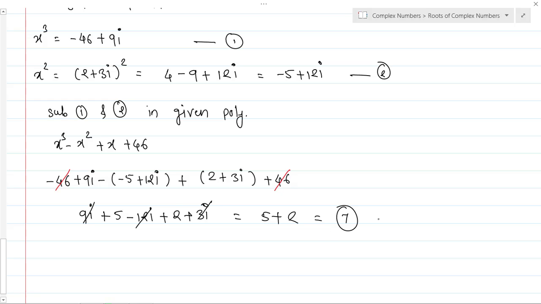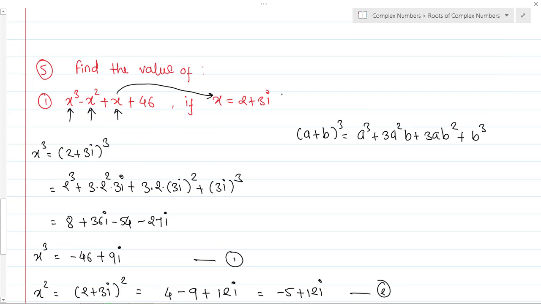That's it. This is my answer for this question. The answer is 7. So the value of the given polynomial when x is equal to 2 plus 3i is 7. It's as simple as that.